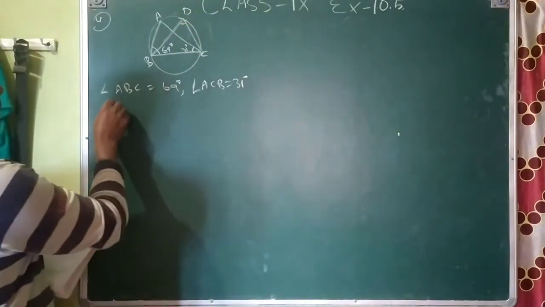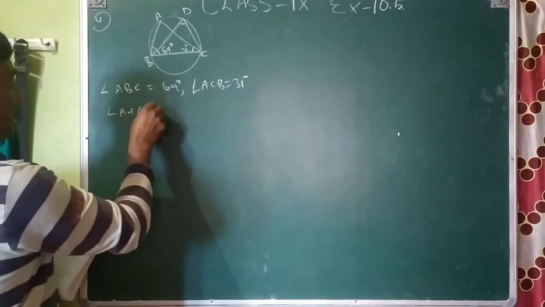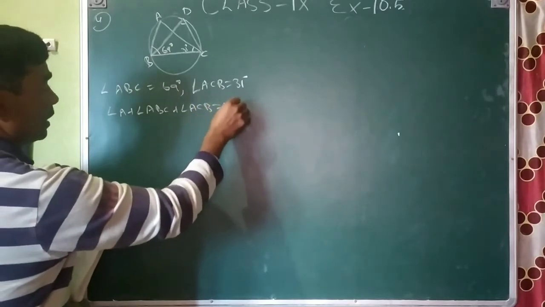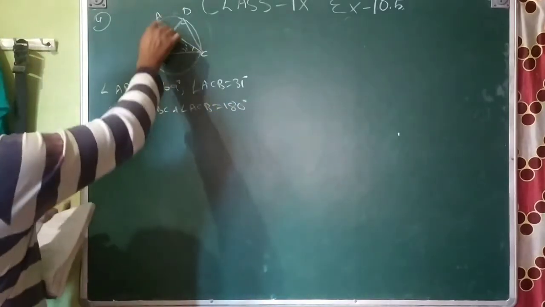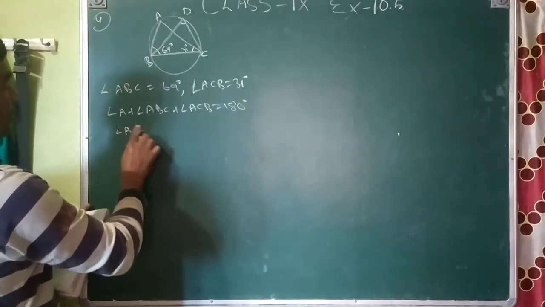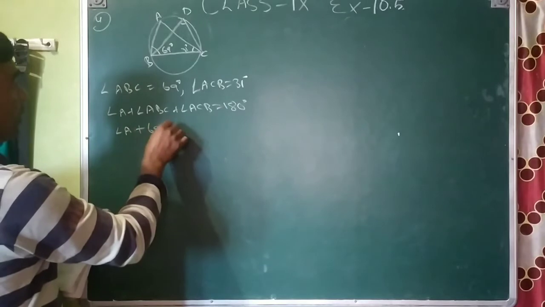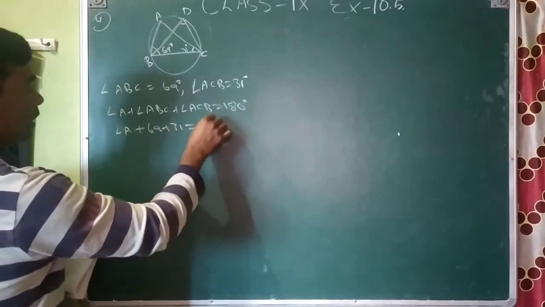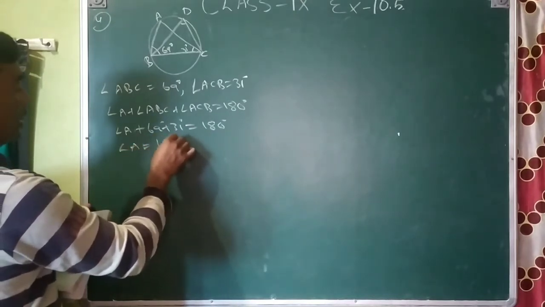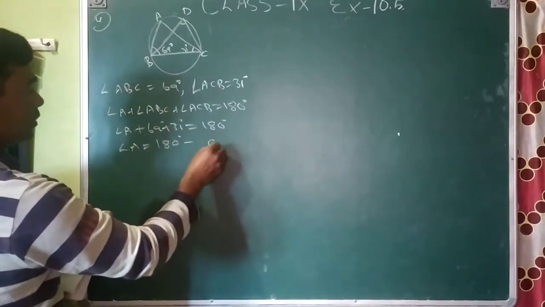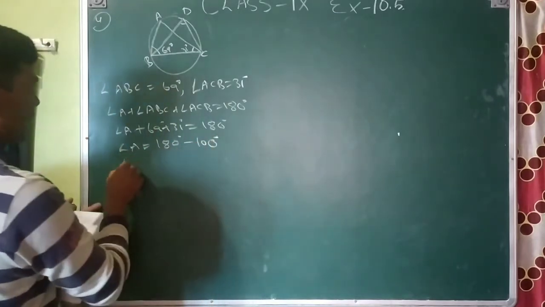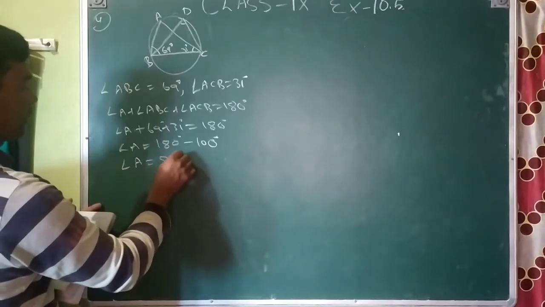So angle A plus angle ABC plus angle ACB is equal to 180 degrees by the angle sum property of a triangle. We have taken this one triangle, so angle A plus 69 plus 31 is equal to 180 degrees, and then angle A is equal to 180 minus 100, that is 80 degrees.